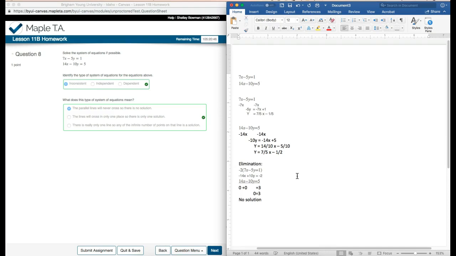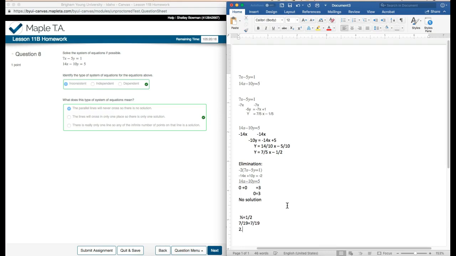And those of you who don't want or didn't want to go through this, just stop and don't go any further. Those of you who are enjoying something a little bit more in depth with the elimination method, you can stay with me. If I were to end up with something true, and it doesn't matter how crazy it is, I could have 1/2 equals 1/2. I could have 7/19 equals 7/19.